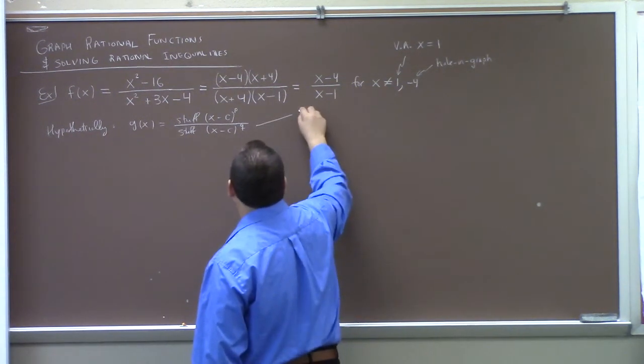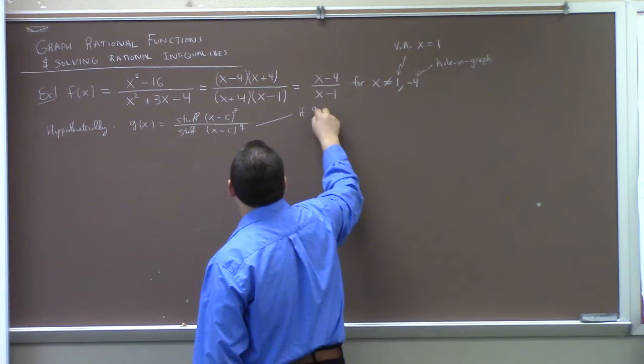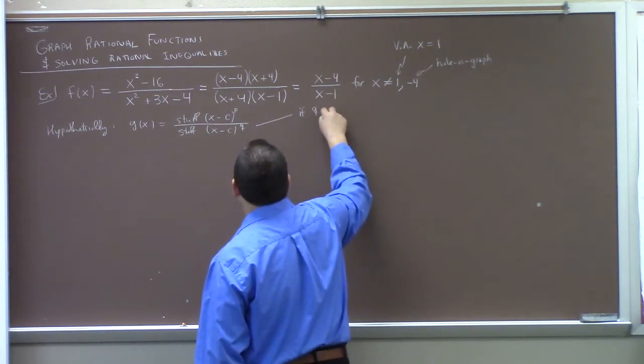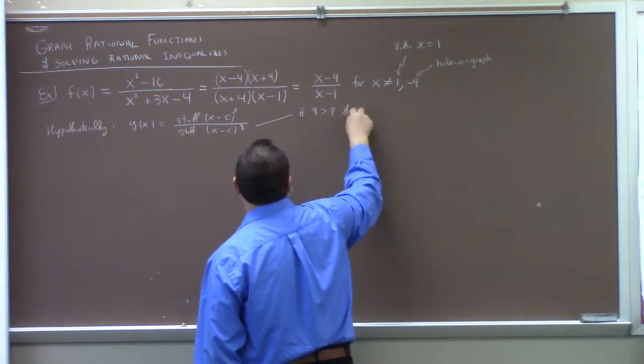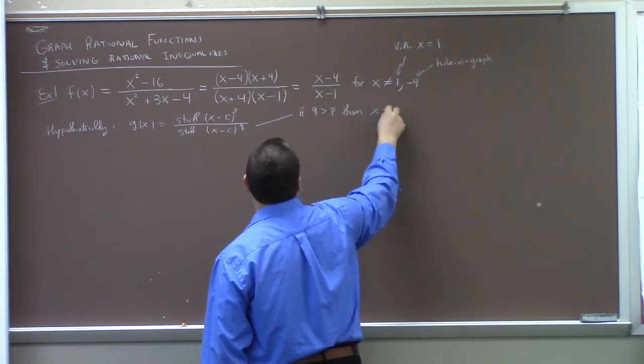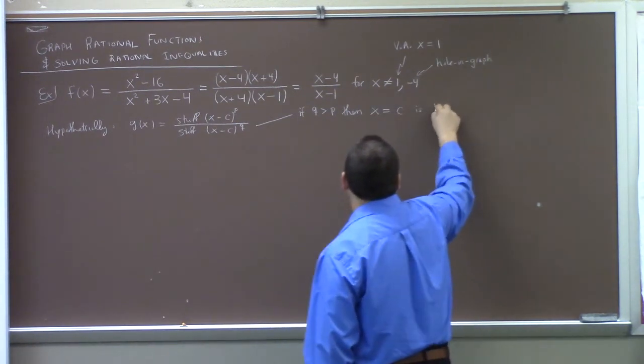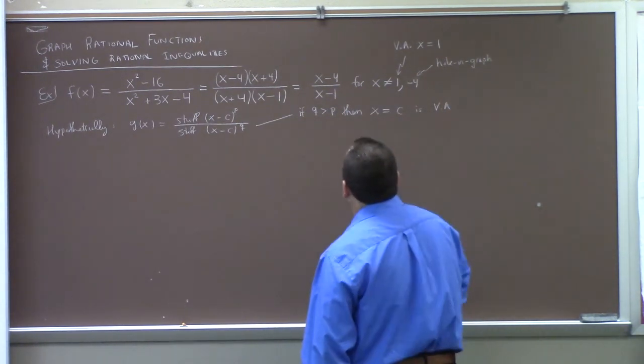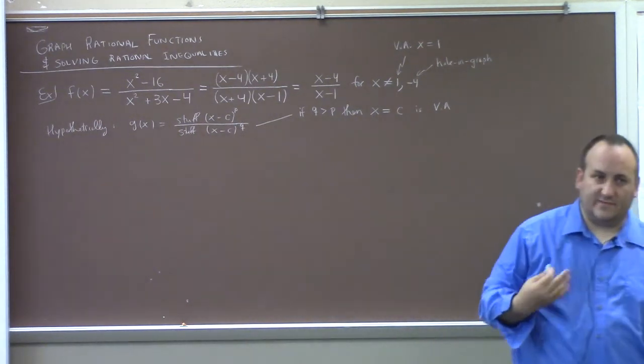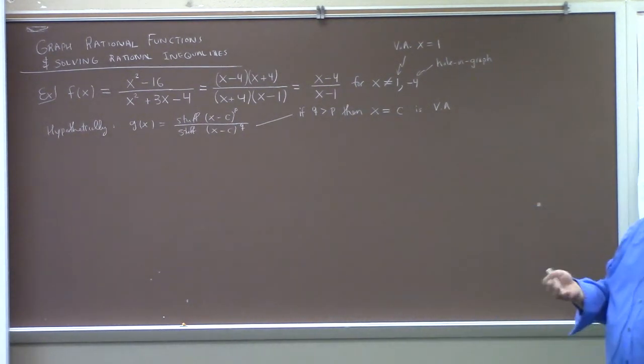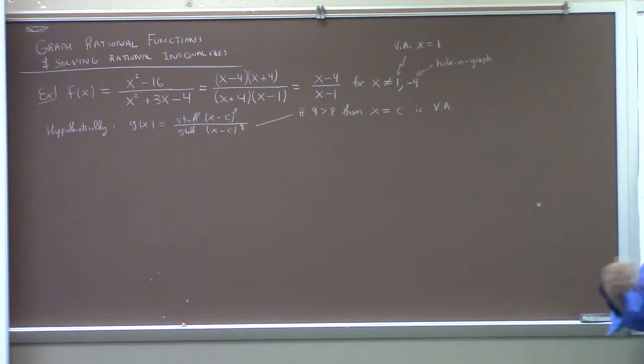So if q is strictly greater than p, then x equals c is a vertical asymptote. Like if the denominator was x minus c squared and the numerator was just x minus c, then you'd have a vertical asymptote. That's what happens.